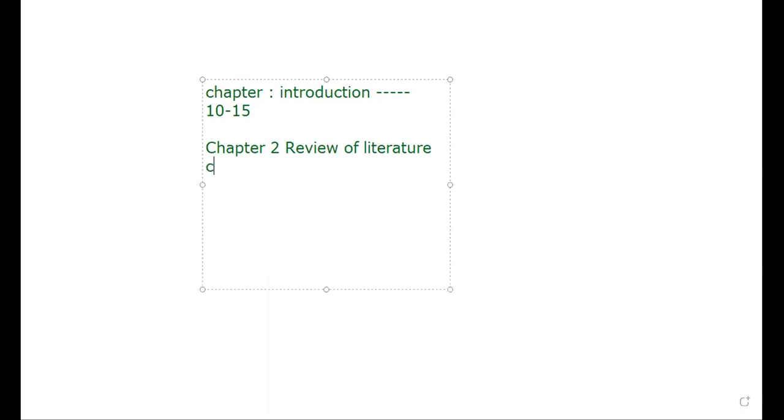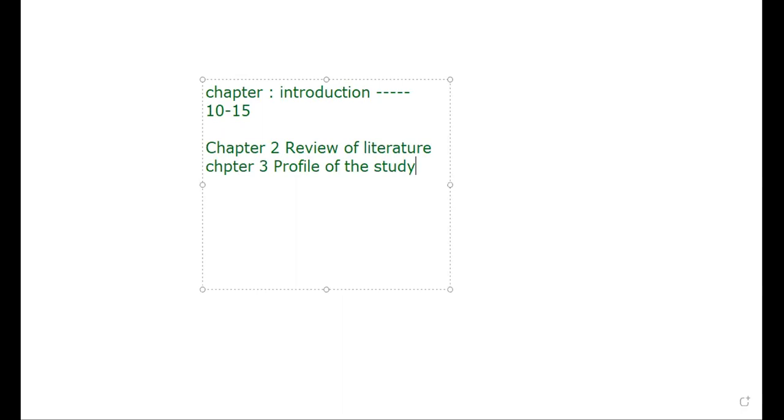Then chapter number 3, we will do the profile of the study. Or you can change this also. Profile of the study means whatever profile is related to your study, you have to mention here.